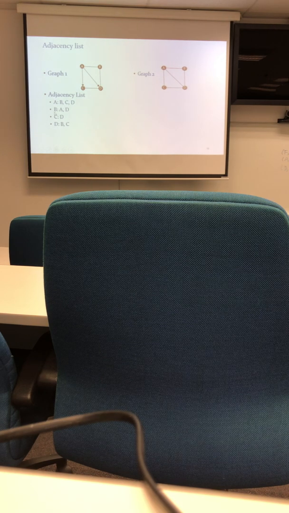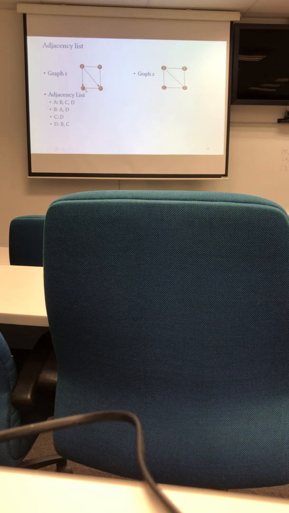How about for B? From B you can go to A, so B is adjacent to A, and B is adjacent to D. So under vertex B, we keep A and D.